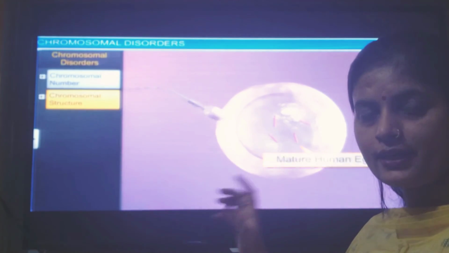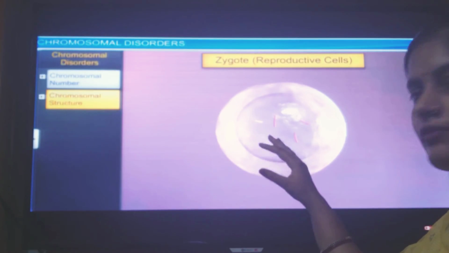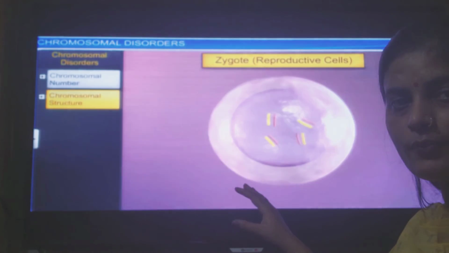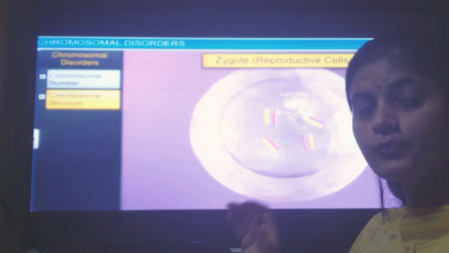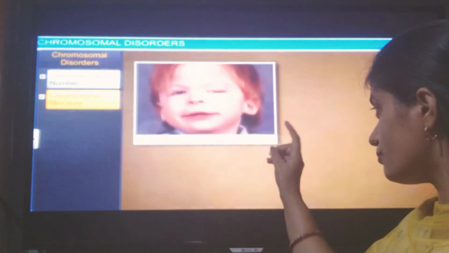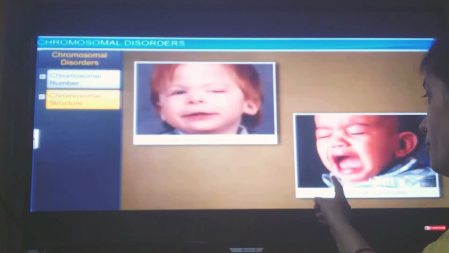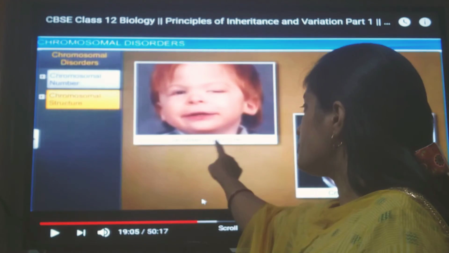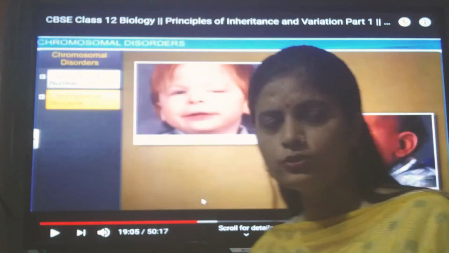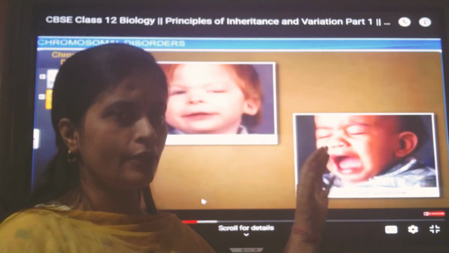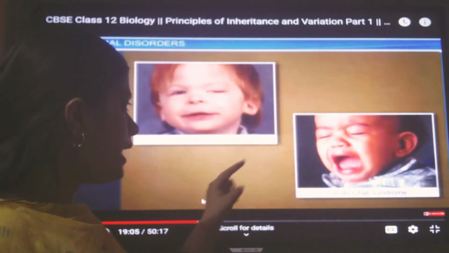The examples that I wanted to discuss are Jacobsen syndrome and Cri-du-chat syndrome. First of all, see the image. What is the image depicting here? Jacobsen syndrome, Cri-du-chat syndrome, or Cri-du-chat is also mentioned in certain places. What happens in this case?